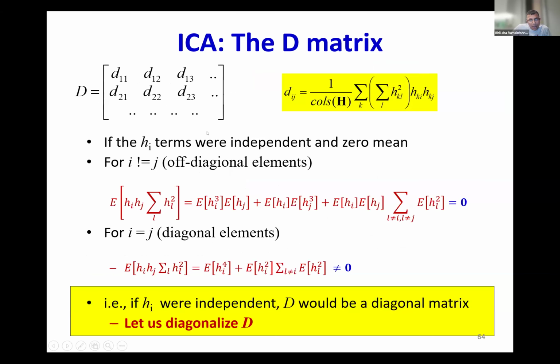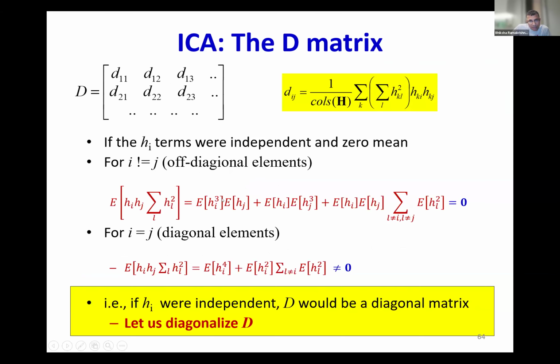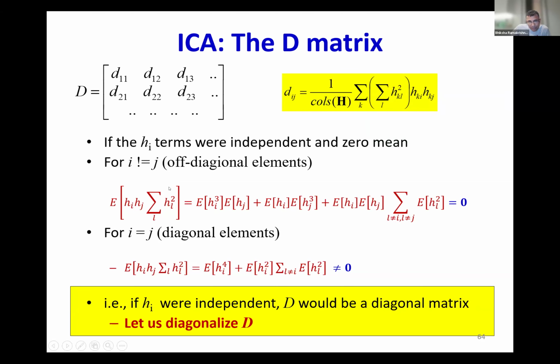And so let's see how this D matrix looks. The entries of the D matrix are going to have this form. Each entry is going to be the expected value of Hi, the ith component, times Hj, the jth component, times the sum of the squares of all of the components.